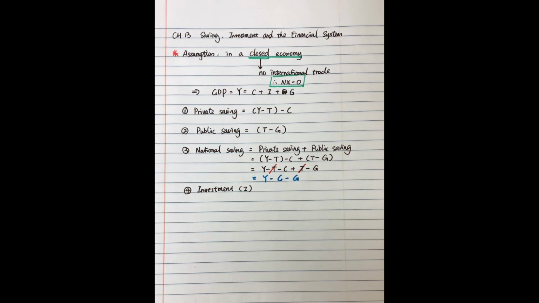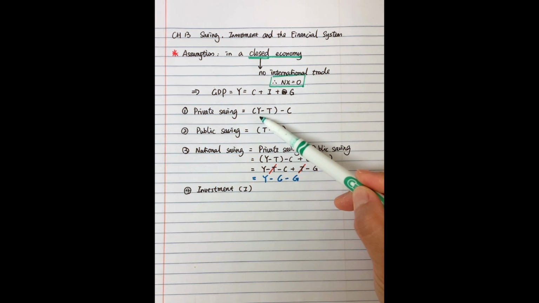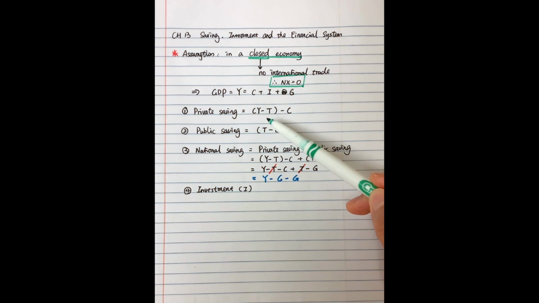So private saving is the proportion of households' income that is not used for consumption or paying tax. Therefore, we use Y. If you still remember, in chapter 10, when we talked about GDP, there is a circular flow diagram, right? We said Y, GDP, is equal to income, equal to spending or expenditure, right?